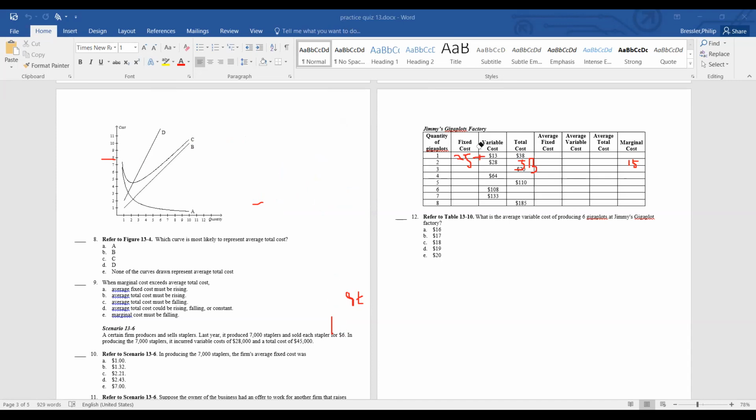Fixed costs plus variable costs equal total cost, and you could figure out everything in the chart. You just put 25 straight down for all of them, and you should be able to do it. If there's something you can't figure out, email me and I'll get you an answer. And then average fixed cost would be fixed cost divided by quantity. Average variable cost would be variable cost divided by quantity, and so on.